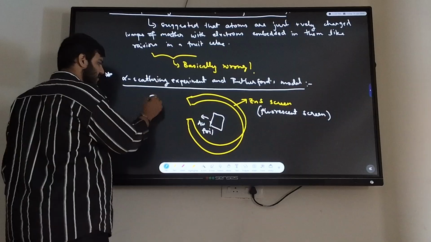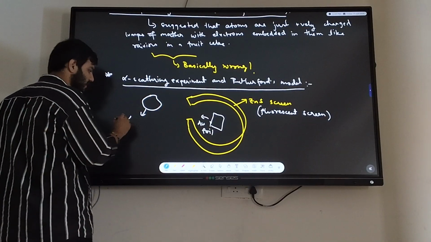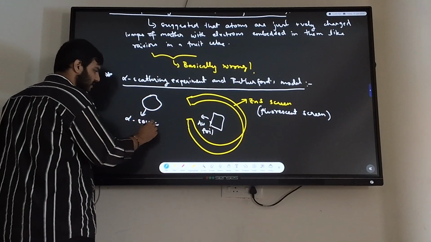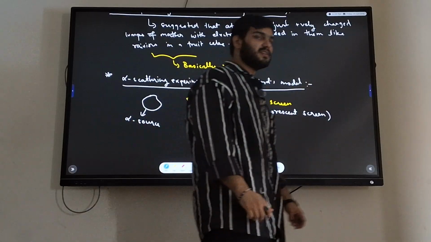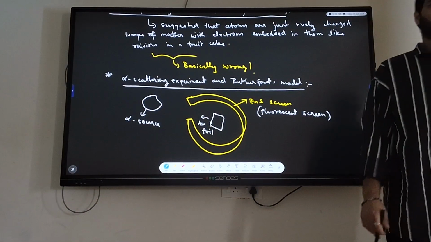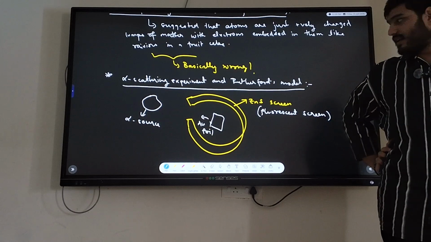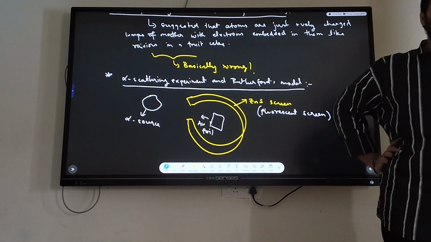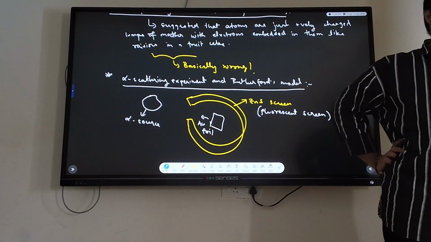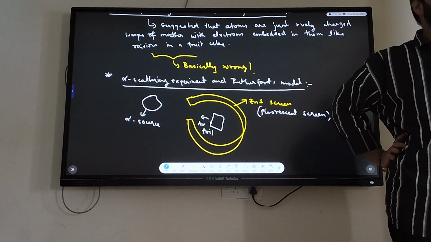Anyways, so let's say you have this alpha source. It's very interesting to understand later. I will try to relay the idea later, but why should we use only an alpha source, why is the alpha particle He2 plus?